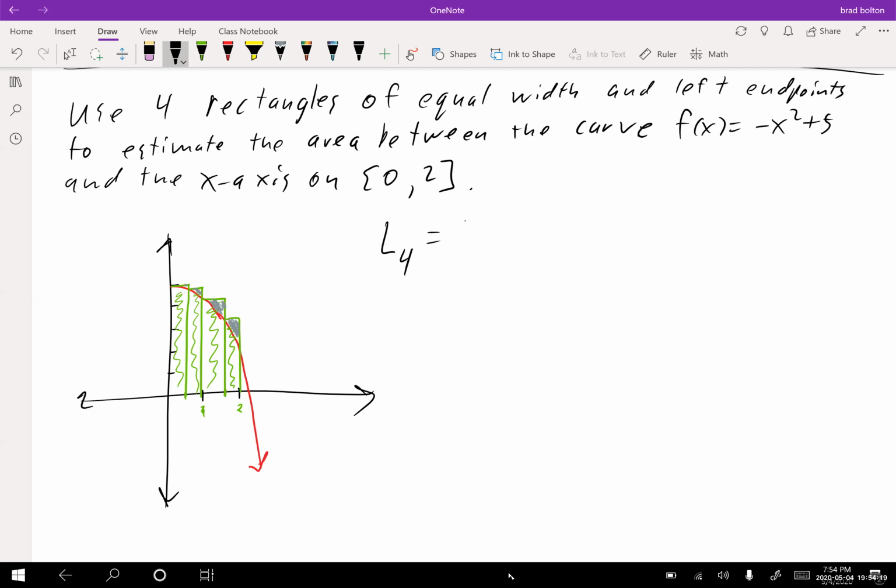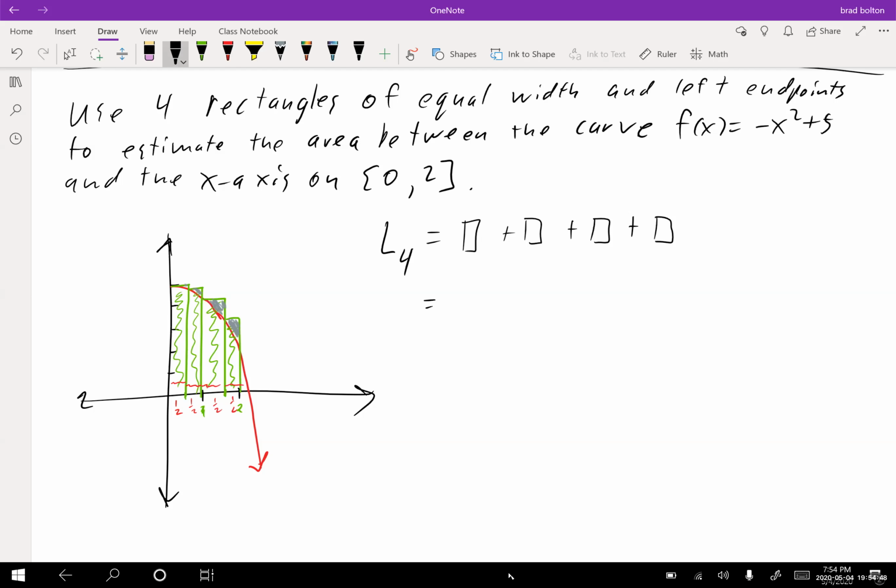Well, I need to find the first rectangle plus the second rectangle plus the third rectangle plus the fourth rectangle, right? Actually, we know the width of each one of these guys. The width is 1/2, because we split the interval from 0 to 2 into 4 pieces. So that means each rectangle has a width of 1/2.